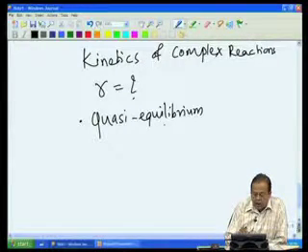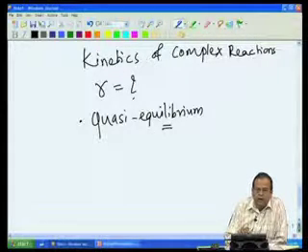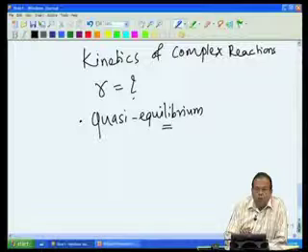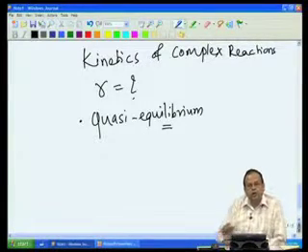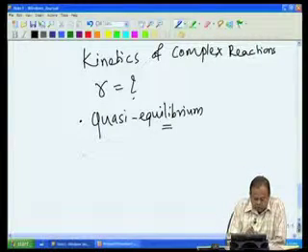So, we have the idea of equilibrium, but not for the entire reacting system, because if the entire reacting system attains equilibrium, our rate is 0. So, a quasi equilibrium. There are certain reactions which are slow, so compared to these reactions, all other reactions have reached equilibrium, and that is the quasi equilibrium approximation.